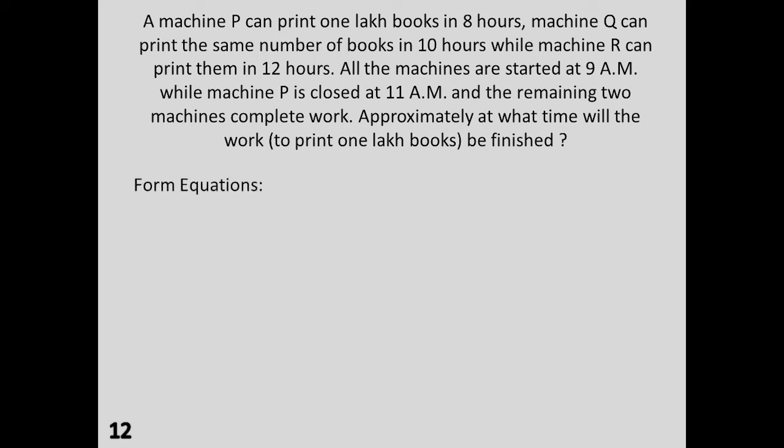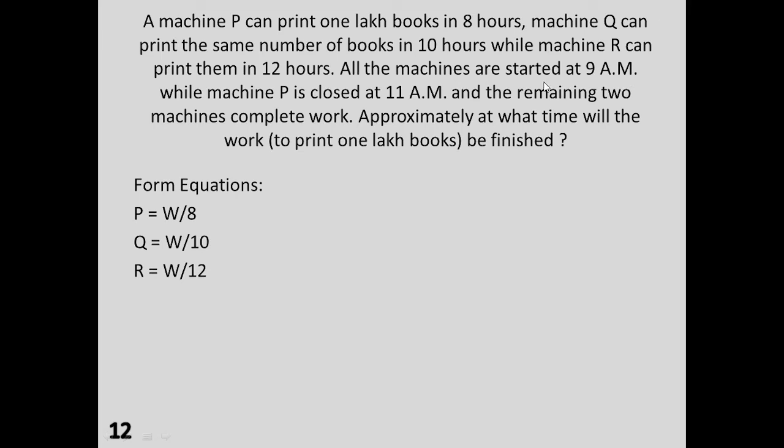Productivity of machine P is P is equal to W by 8. Similarly for Q and R. Now let's say machine Q and R have worked for Y hours. Machine P has worked for 2 hours, that is from 9 am till 11 am.